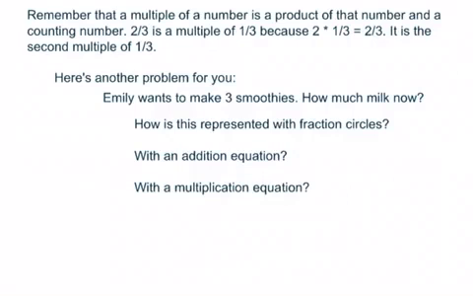So 2/3 is a multiple of 1/3 because 2 times 1/3 equals 2/3. It's the second multiple of 1/3. Does that make sense? Hopefully. So if you're counting by 1/3, hopefully you'd say 1/3, 2/3, 3/3, and so on, right?